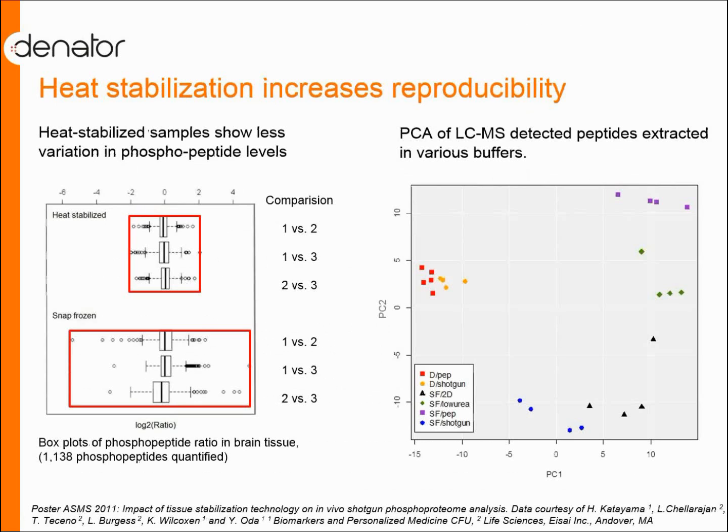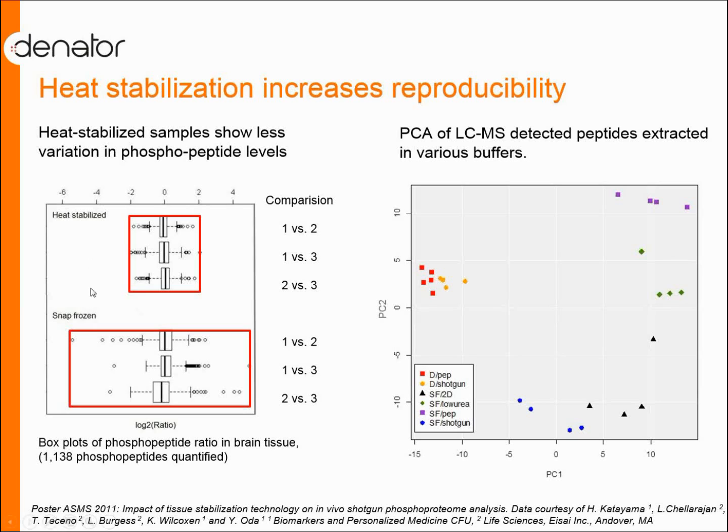This is another general heat stabilization effect that we see in quite a few studies: an increase in reproducibility, so that the samples within a group cluster closer together and are more similar.